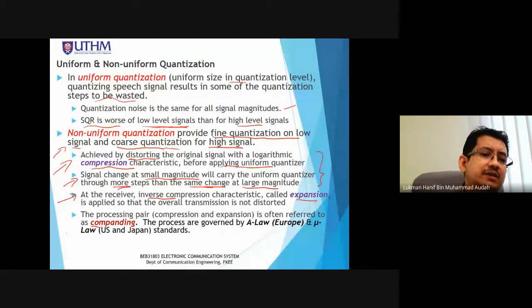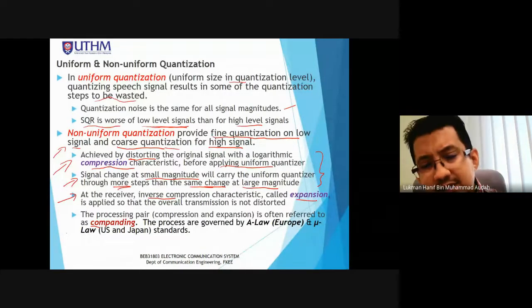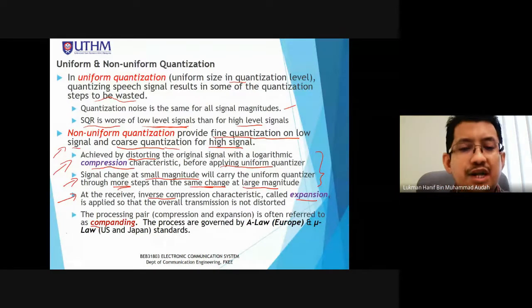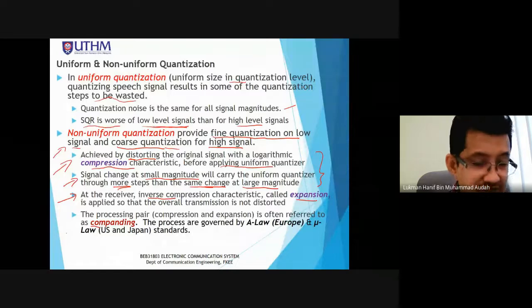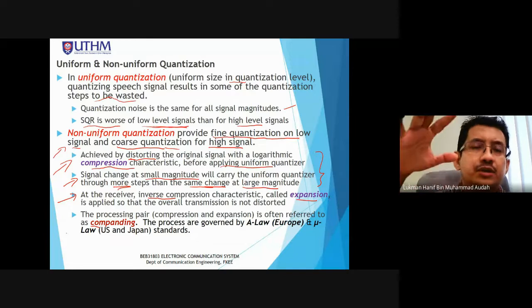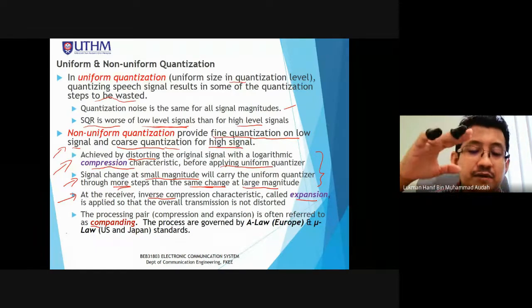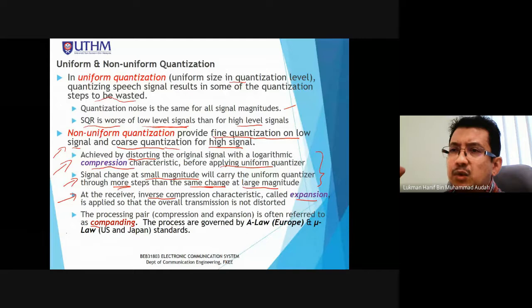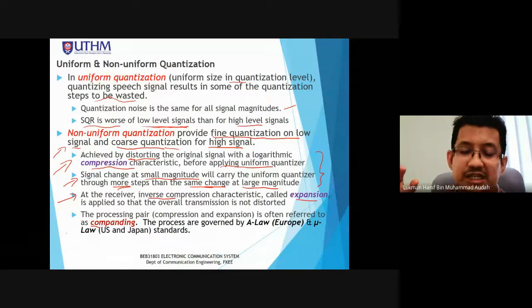So kalau you lihat sebenarnya proses ini setara dengan proses pre-emphasis and de-emphasis dalam analog. Kalau you ingat dalam chapter 3, we have learned about pre-emphasis and de-emphasis, yang mana kita mengubah suai amplitude daripada input signal itu sebelum kita buat proses modulation, dan juga selepas demodulation kita perlu kurangkan dia punya amplitude pada kadar yang sama, itu dalam chapter 3.